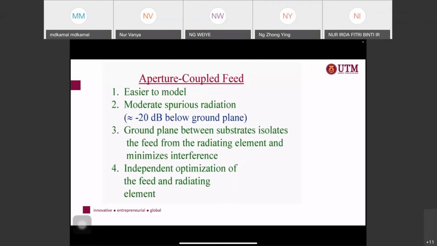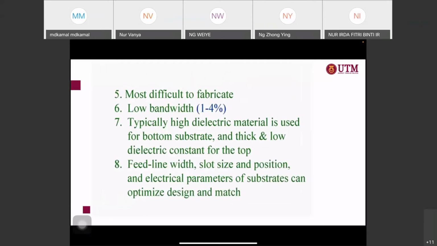It means that in this aperture coupled feed, we do not disturb the radiating element. It is the most difficult to fabricate, needing more adjustment, and has low bandwidth as well. Typically, a high dielectric constant is used for the bottom substrate and a thick, low dielectric constant for the top, with feed line width and position adjustable. So these are examples of the aperture coupled feed.